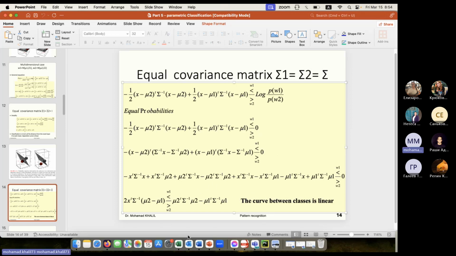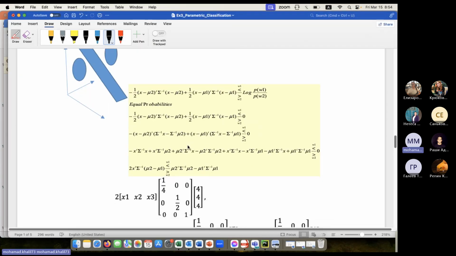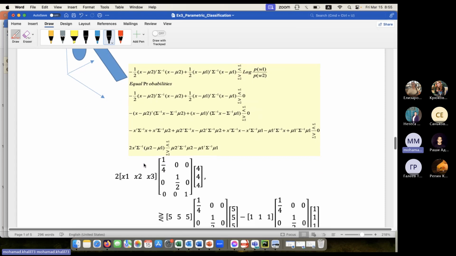So I will go to MATLAB and see. This is the equation, so the same. I have this one and this one 0, so I have to apply only this equation because it is the easiest one. If we apply it, let's go.